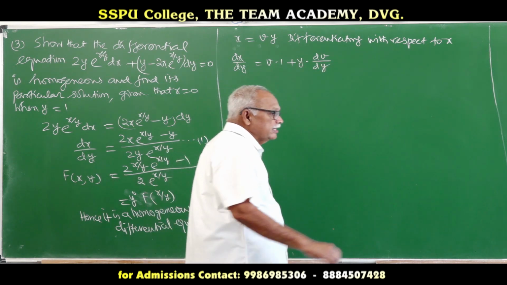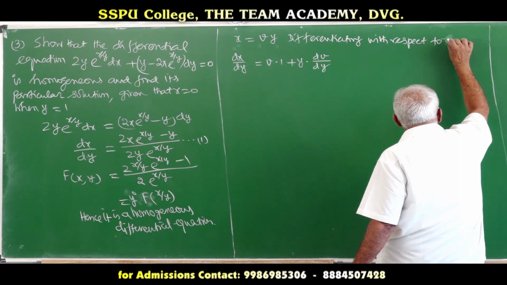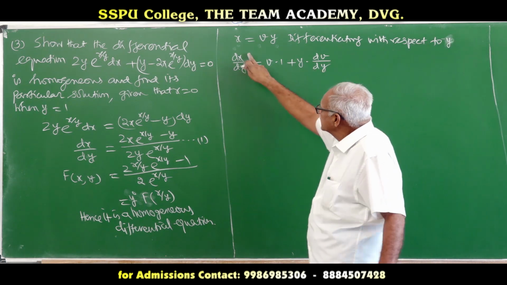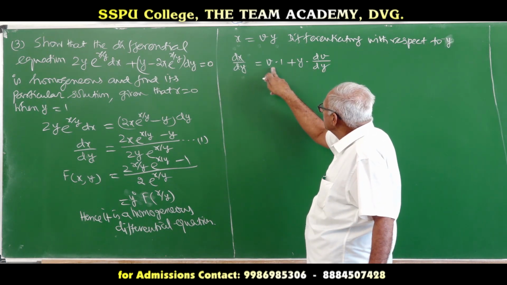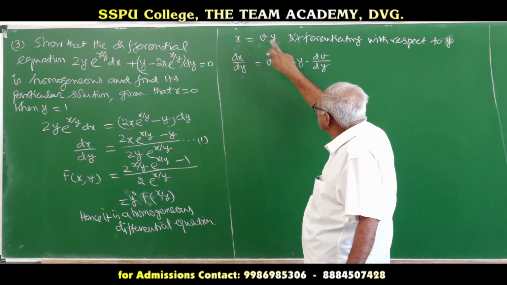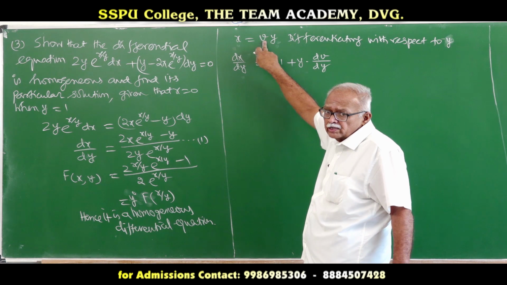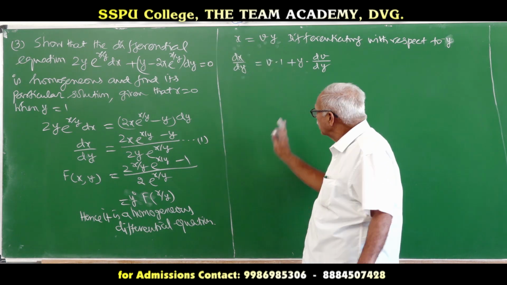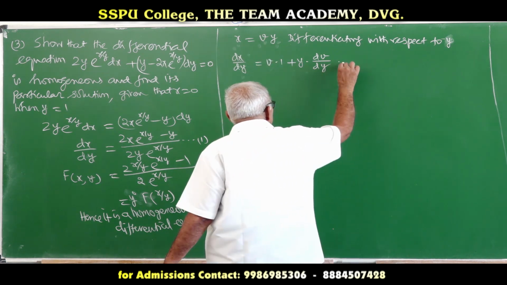So v into differentiation of y is 1 and y into differentiation of v with respect to y is dv by dy. Okay. Now keep this as 2.